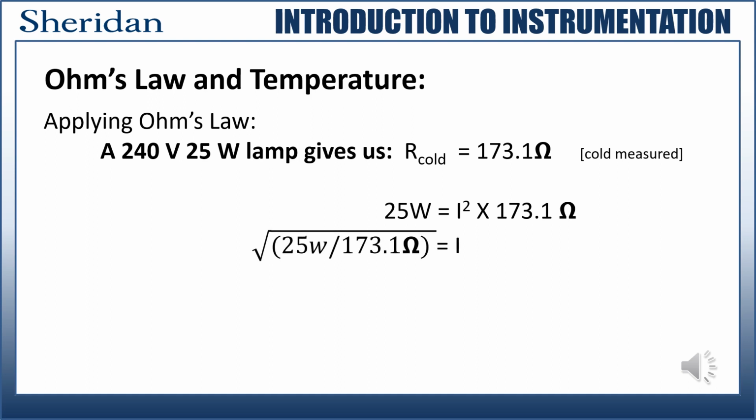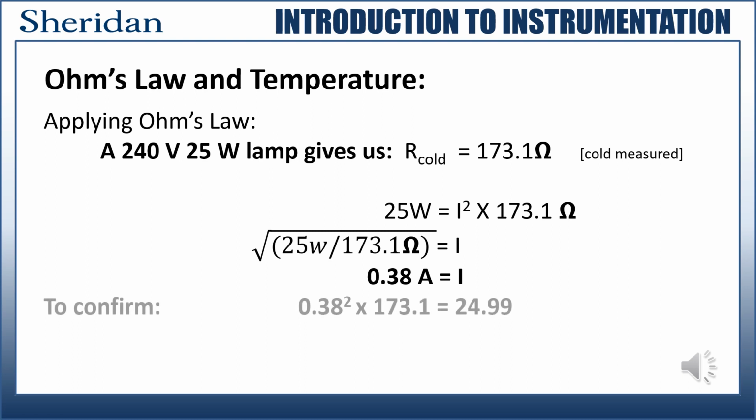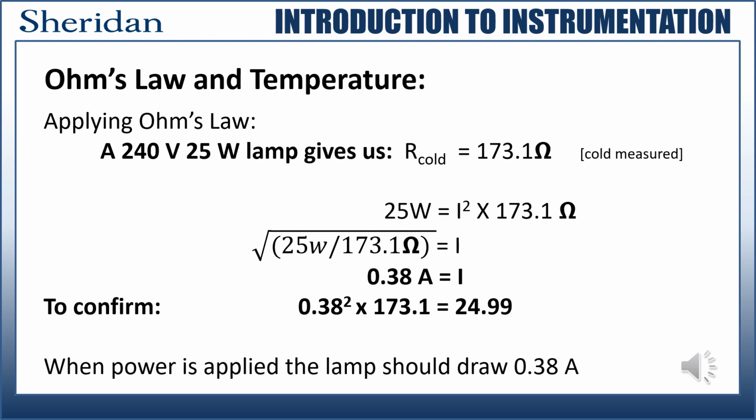This gives us the square root of 25 watts divided by the resistance of 173.1 ohms, which gives us an answer of 0.38 amps. We can now check our work, and we find that 0.38 amps squared times 173.1 ohms is indeed our 25 watts. This means that when we give the light some voltage, it should draw 0.38 amps.